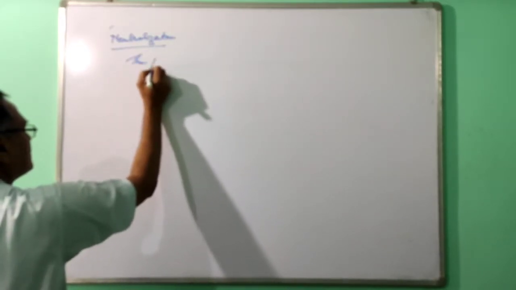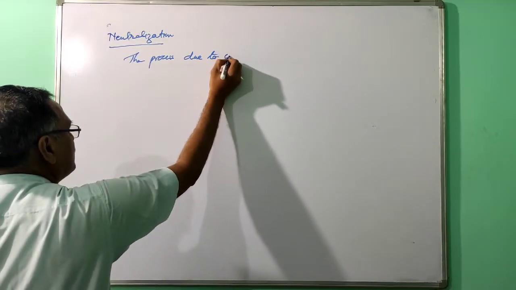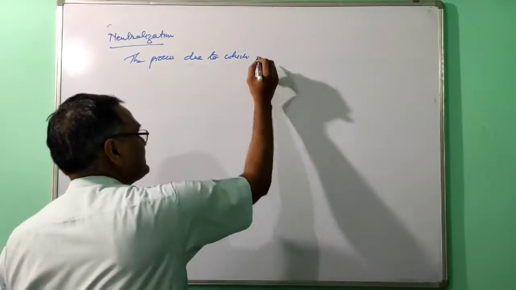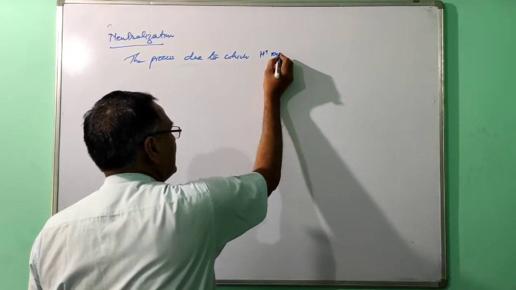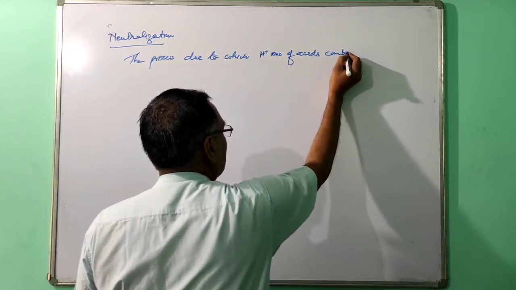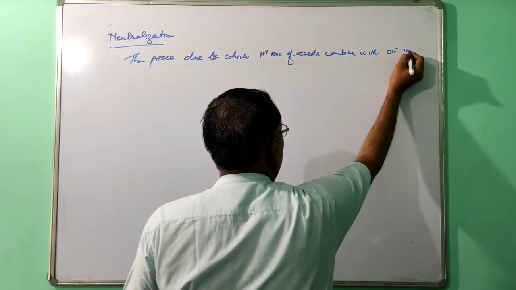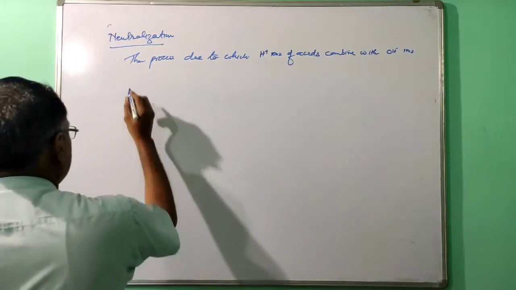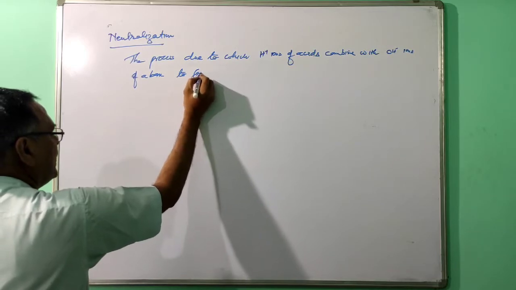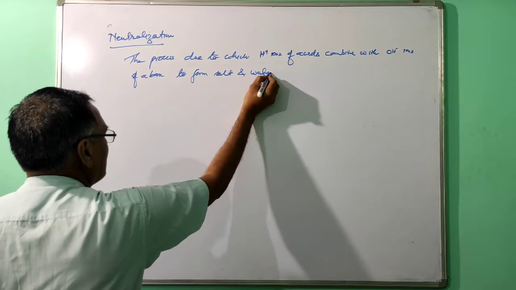Neutralization is the process due to which H ions of the acid combine with OH ions of a base to form salt and water.